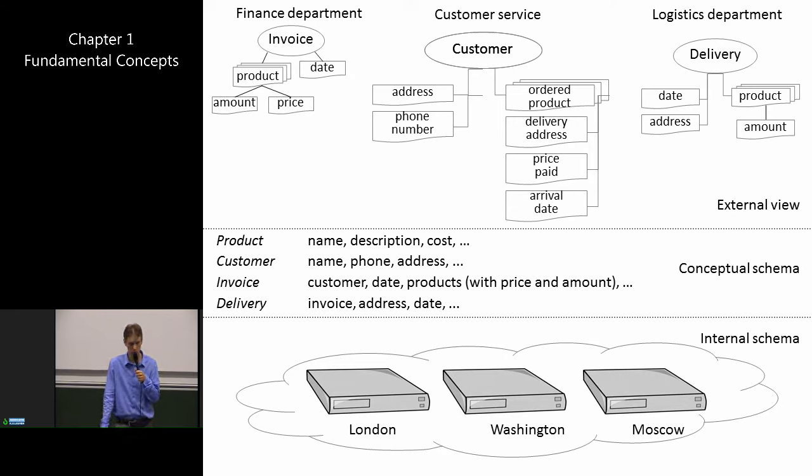Customer service wants information on customers like address, phone number, ordered product, delivery address, and so on. And then we have the logistics department, which will need information particularly pertaining to delivery, date, address, product, and amount. So you can see this is nicely implemented by means of the views. The views are actually, as I said before a couple of times already, going to tailor the information towards the needs of the particular department, towards the needs of the particular set of business users.